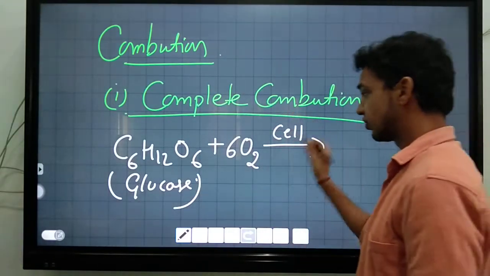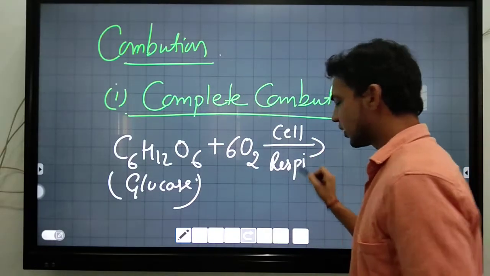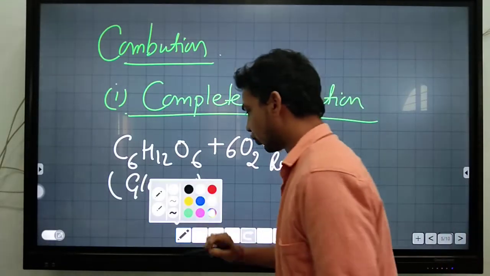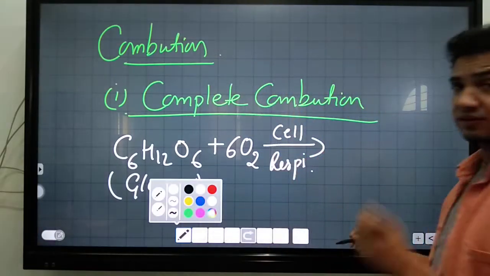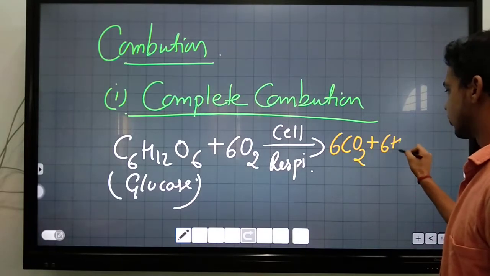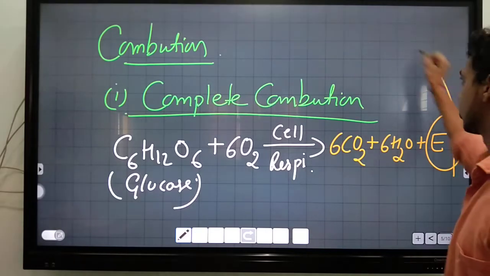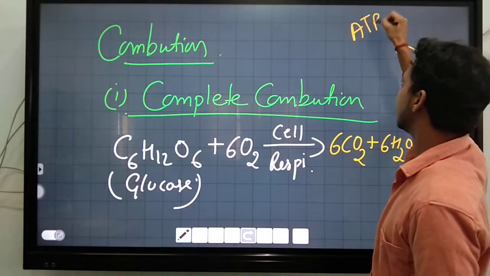That reaction is known as the respiration reaction, the opposite of photosynthesis. It gives you 6CO2 plus 6H2O as well as energy, and that energy is stored inside your body in the form of ATP.